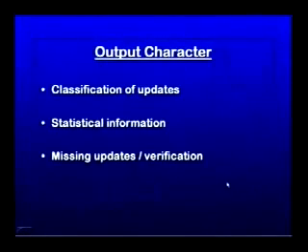So, in summary, our tool tries to identify the structure behind the updates by some classification. It provides statistical information and it identifies missing updates for the verification of the raw data.